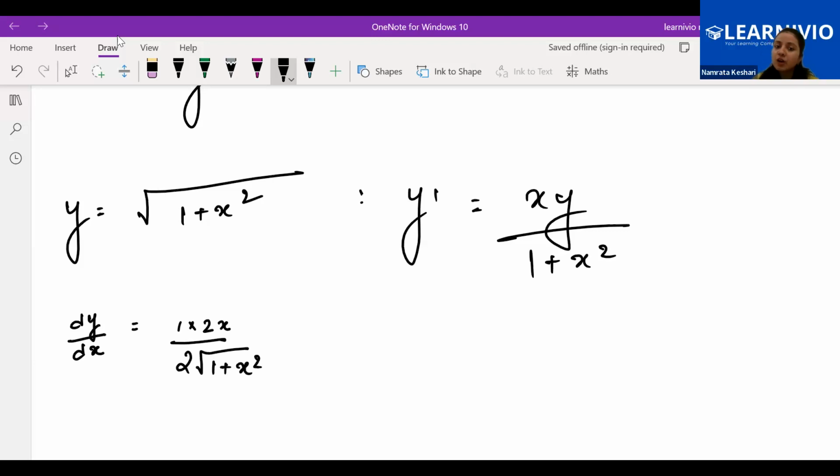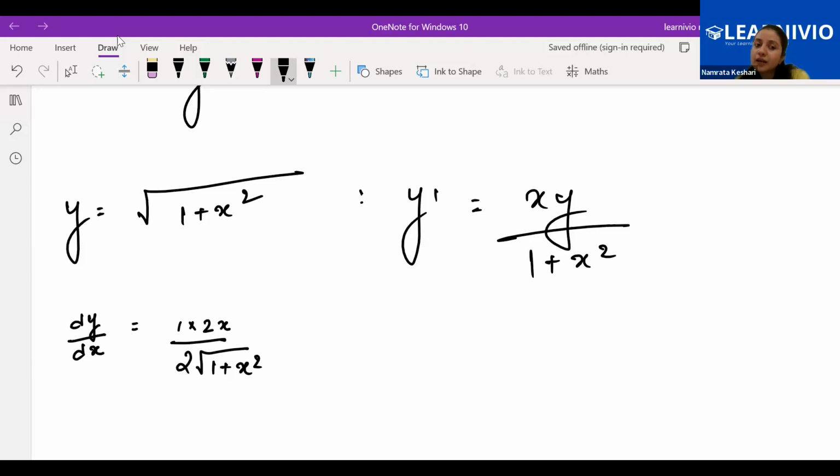Can you tell me how you got it? Chain rule. By chain rule, ma'am.